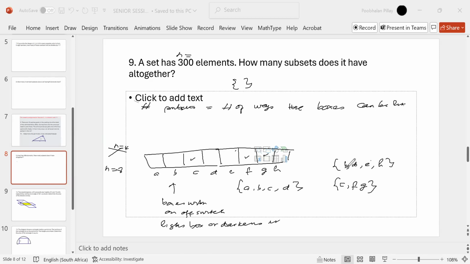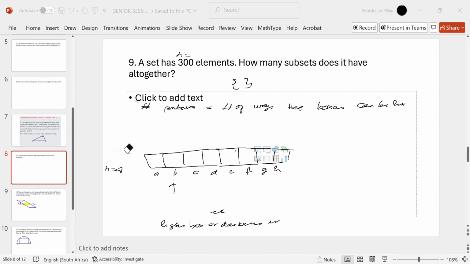Right. So now I'm going to find out in how many ways can you light up these 8 boxes. Okay. Now to do that, now this we can do easily. In how many ways can you light up these boxes?